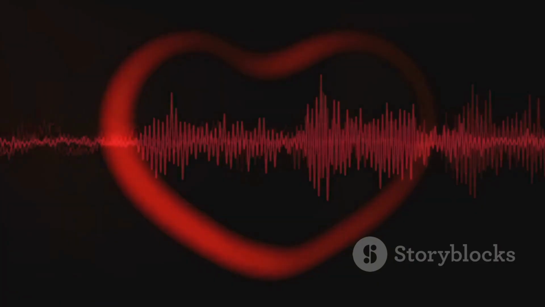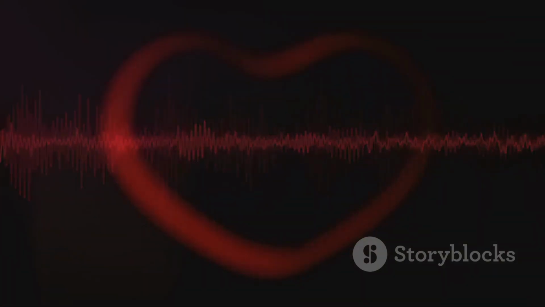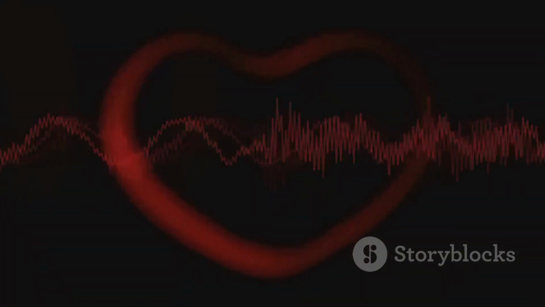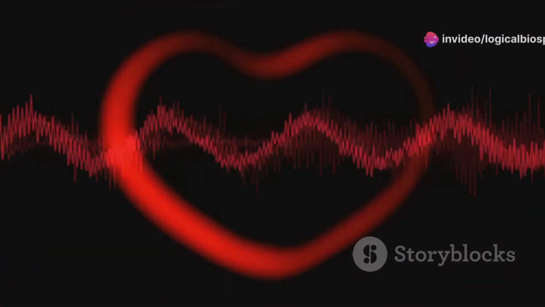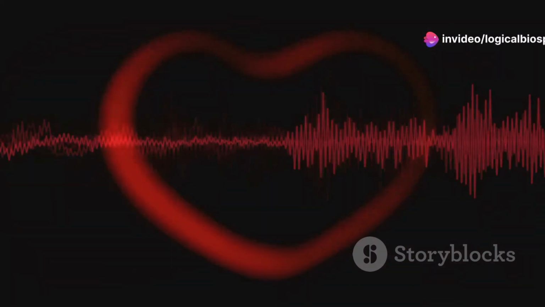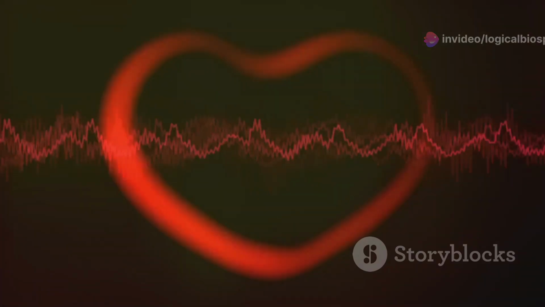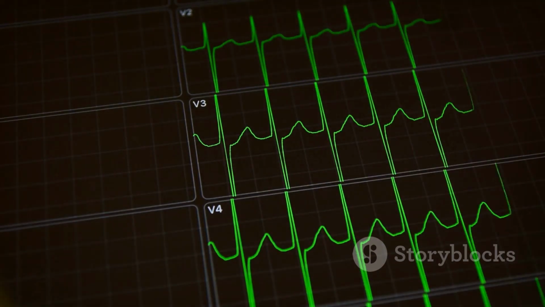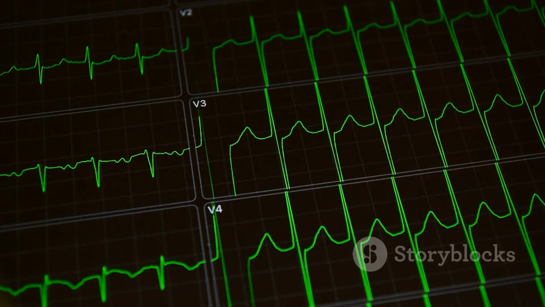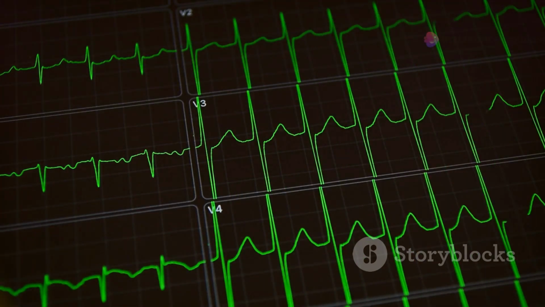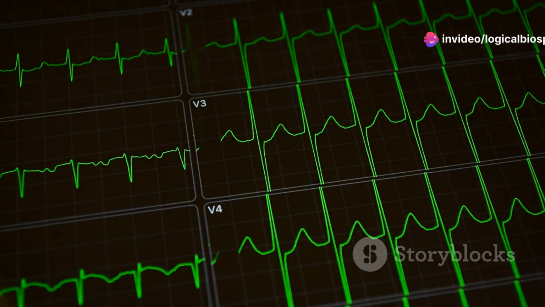The heart contracts rhythmically, creating the heartbeat that drives blood circulation. The heart's electrical activity regulates these contractions, beginning in the sinoatrial node, often called the heart's natural pacemaker. The signal then travels through the atria to the atrioventricular node, and finally through the ventricles, resulting in the contraction of the heart chambers.